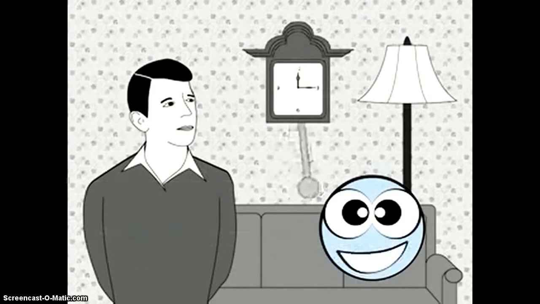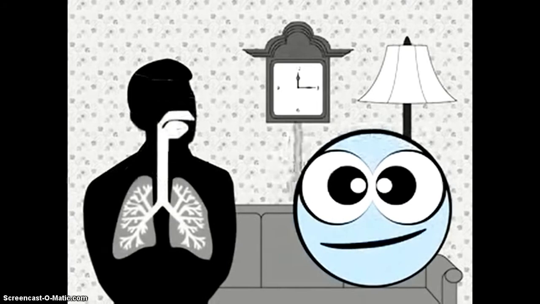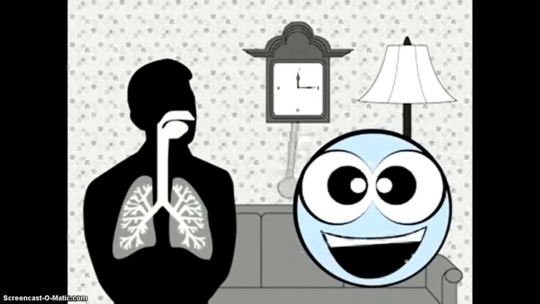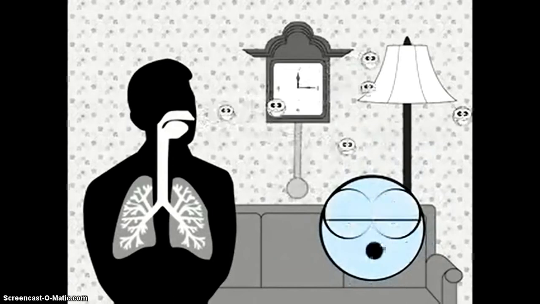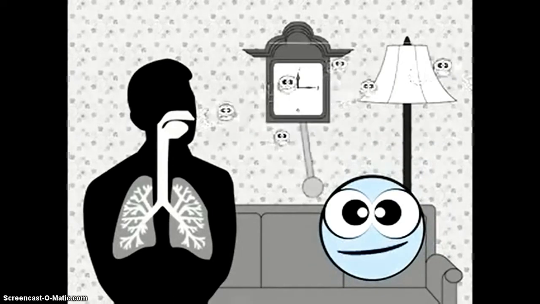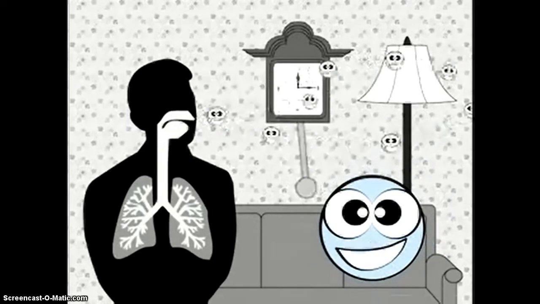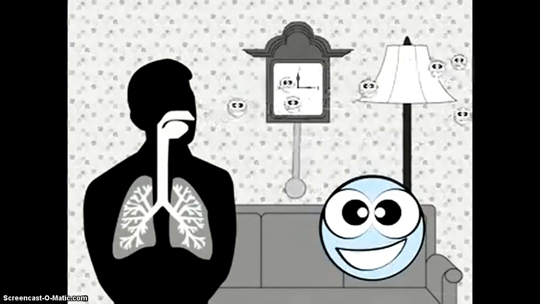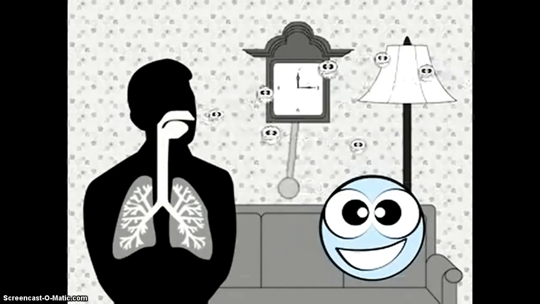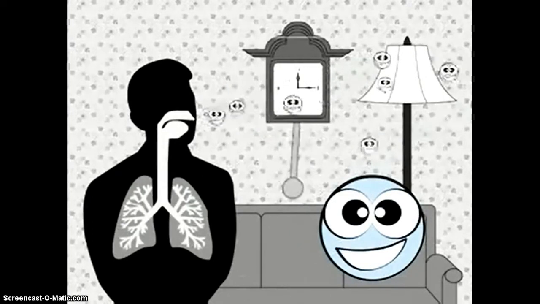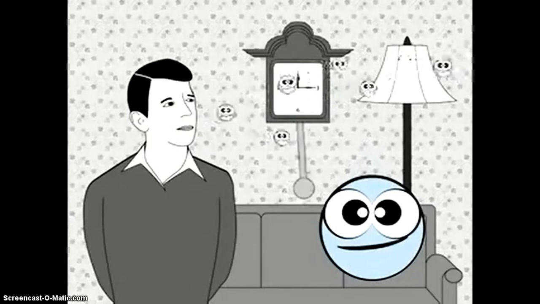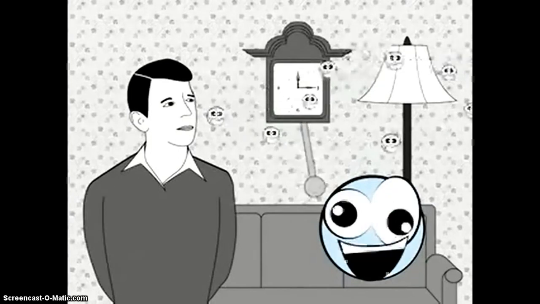Every time you breathe in, you remove oxygen and other elements from the air. Then when you exhale, you release carbon dioxide, which is me and two of my oxygen friends. This process is called respiration. Look, carbon copies.